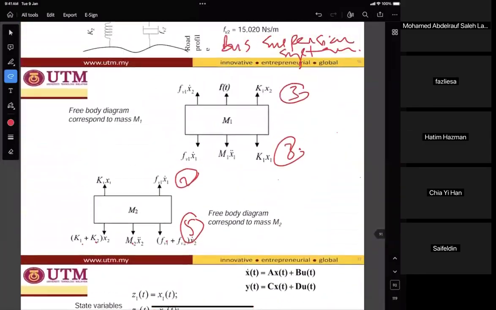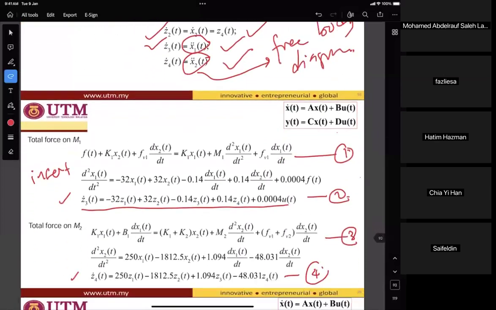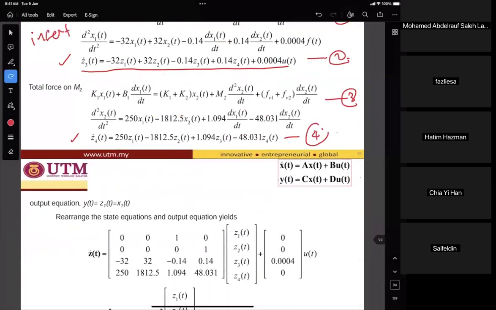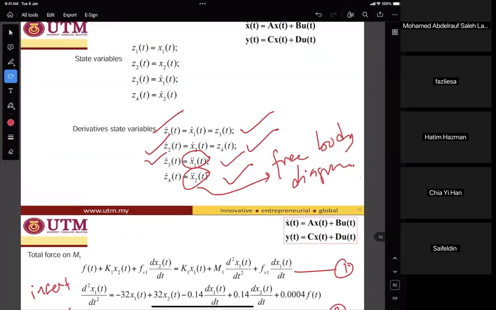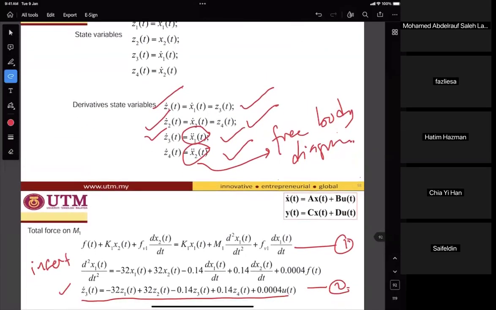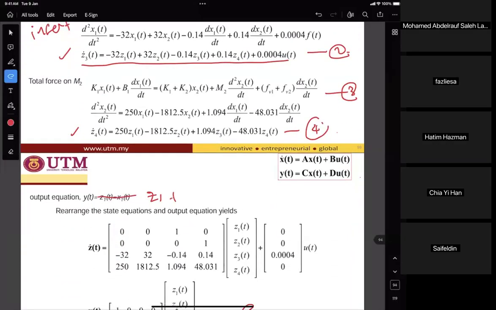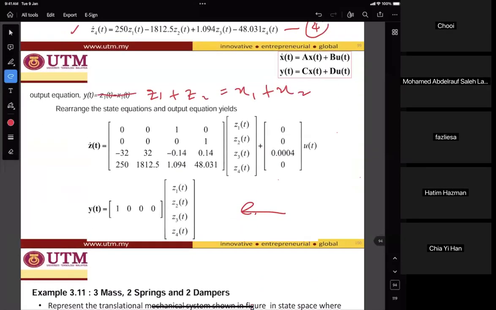If the output is Z1 plus Z2, meaning the total of displacements X1 and X2, then this one will be 1, 1, 0, 0.